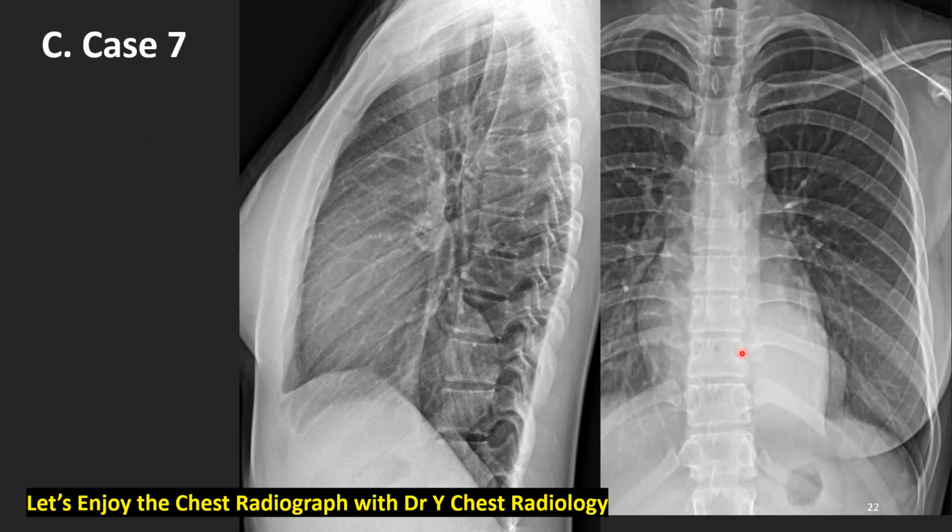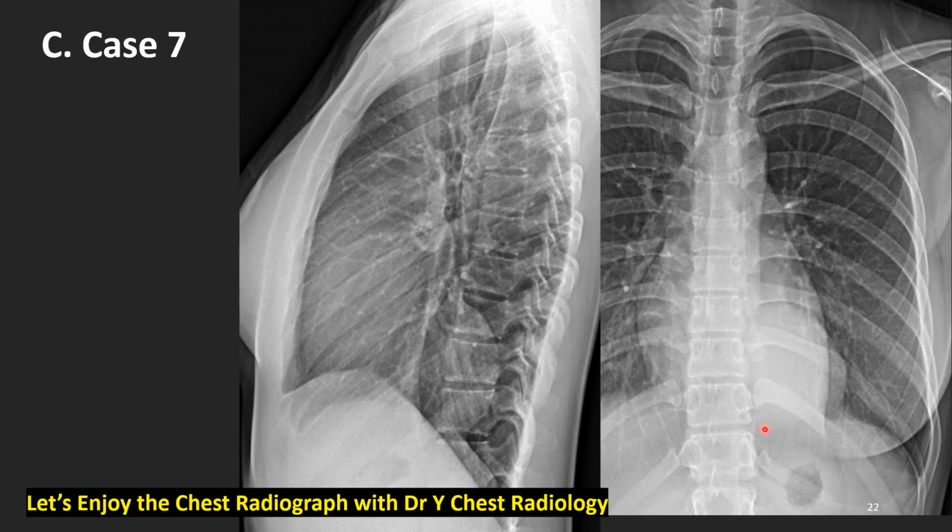This is the frontal radiograph. Do the findings concur with your imagination from the lateral film? Yes, very good. Heart border is preserved. That means a posterior location of the mediastinal tumor. And the aorta line is obliterated. Paraspinal line is obliterated.